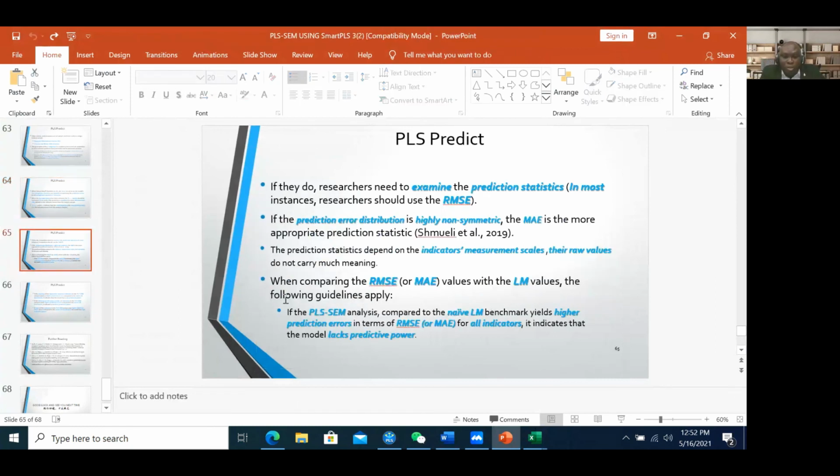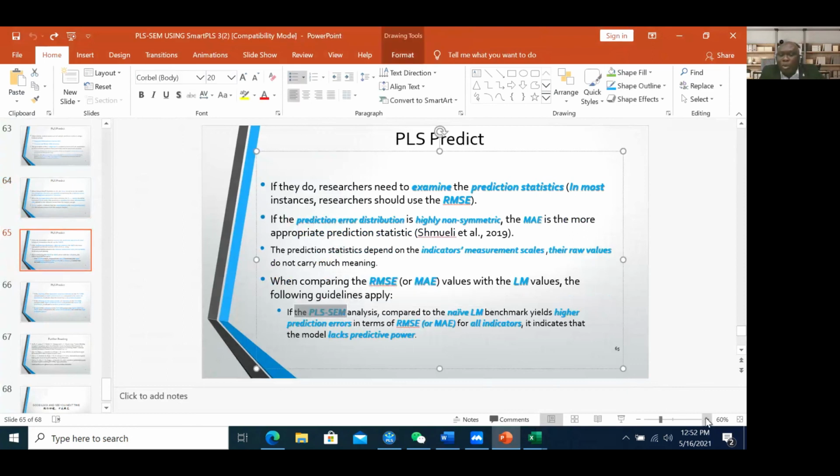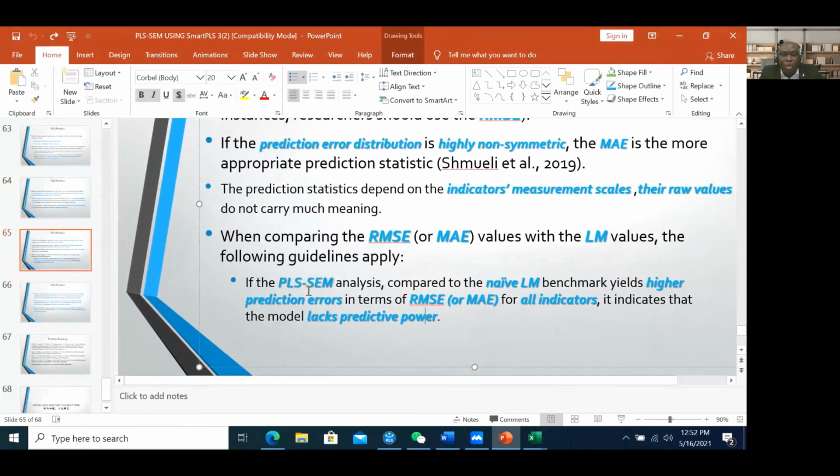Good. Now, how do you do the comparison? Let me bold this a bit. If the PLS-SEM analysis, compared to the naive, yields a higher prediction error in terms of RMSE for all the indicators, it indicates that the model lacks predictive power.